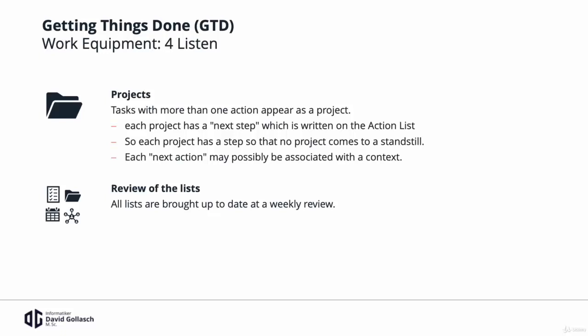So you ensure that for each project you identified one explicit action, one specific action that is on your action list and that you could fulfill at the moment if you want to care about the specific project. Important here is that you ensure that no project will stop because of a missing next action, of a missing next step. You ensure that all of your projects are running.